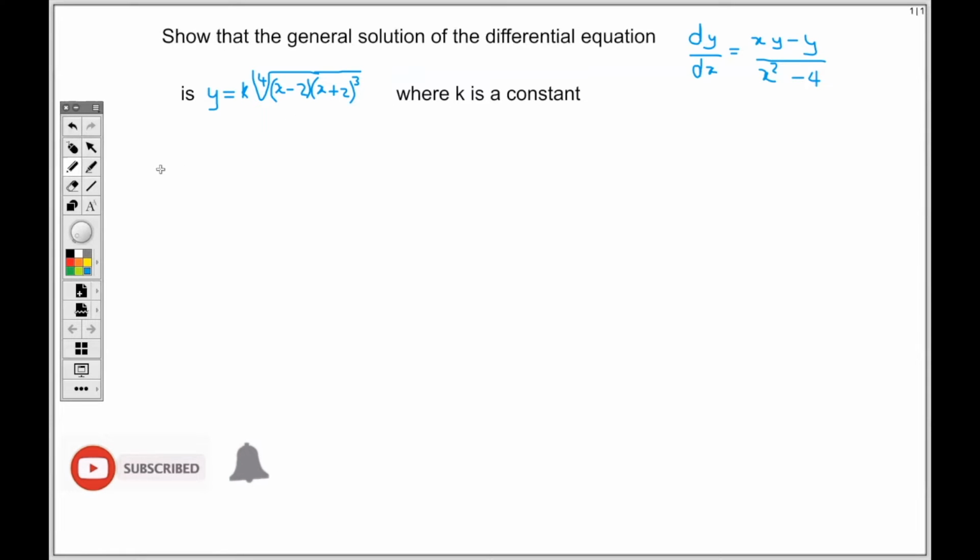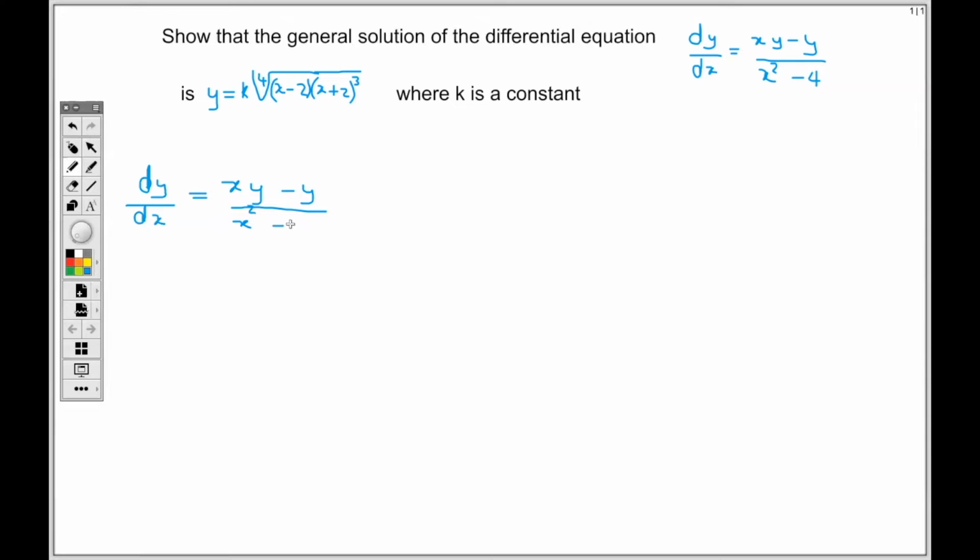Here I have the differential equation. It is given in the question. It is dy over dx is equal to xy minus y all over x squared minus 4.